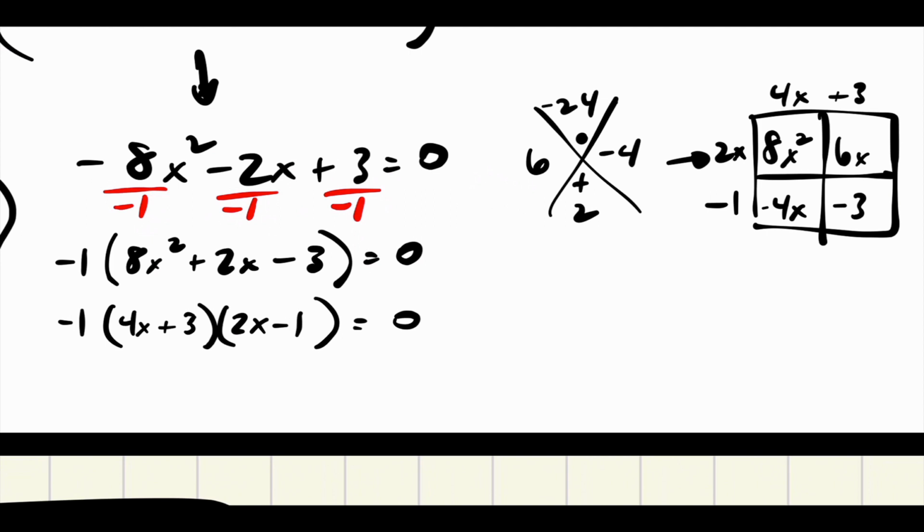Set them all equal to 0. So you get 4x plus 3 equals 0, 2x minus 1 equals 0. I'm not going to set negative 1 equal to 0. That's not going to give me an answer.